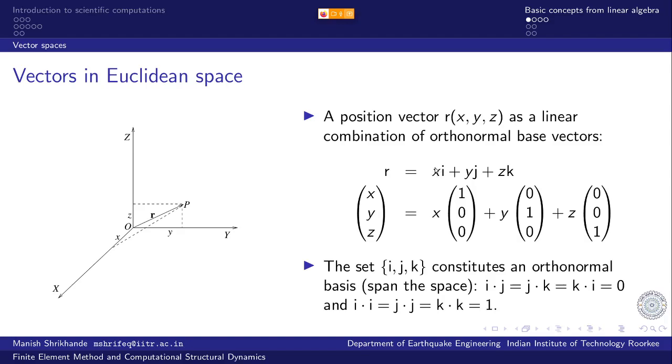So the dot product of these unit vectors with themselves, i dot i, j dot j and k dot k, is equal to 1. When these two conditions are satisfied, that set of vectors is called orthonormal, orthogonal and normalized. And that's a very handy property that simplifies our job considerably.